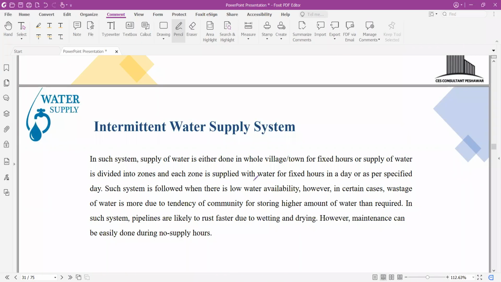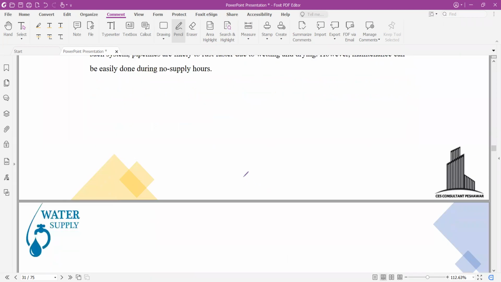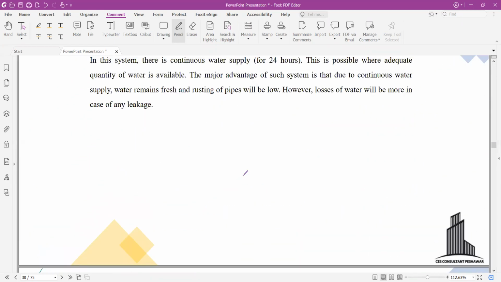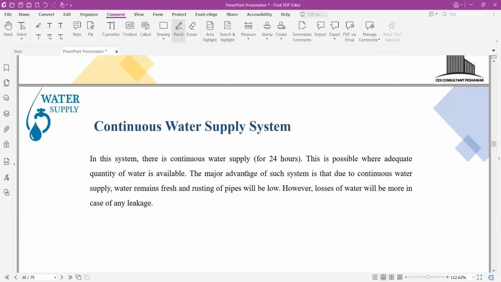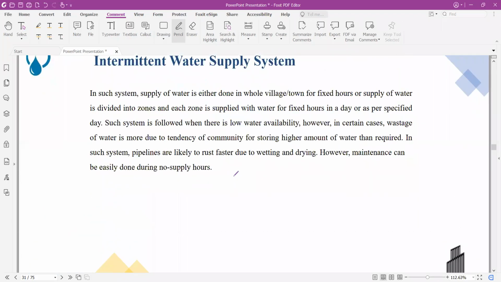The advantage of this system is that the consumption of electricity is less, but the problem is that rusting of pipes mostly occurs due to wetting and drying. Similarly, maintenance can easily be done during no supply hours. So every system has some advantages and disadvantages, and depending upon the condition, you have to choose whether to apply the continuous or the intermittent water supply system.